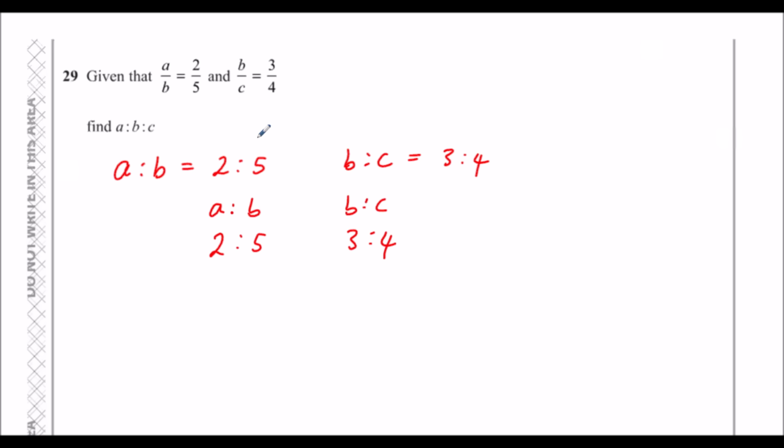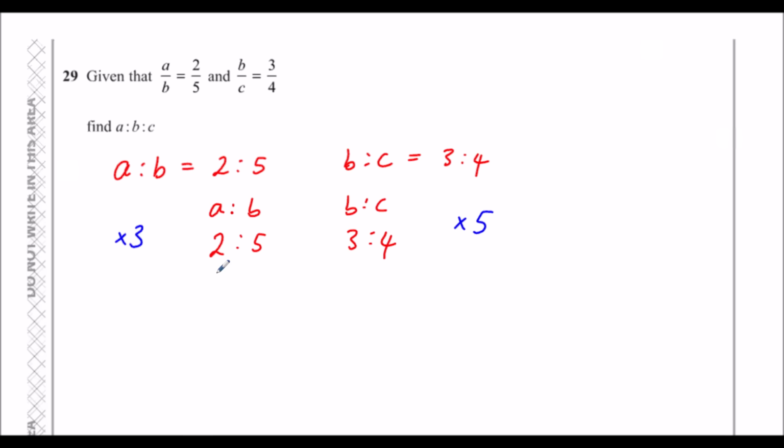To write it as one ratio, we need the B's to be the same. So we've got a 5 and a 3 at the moment. So let's multiply the A to B one by 3, and the B to C one by 5. And then the B's will both be 15.